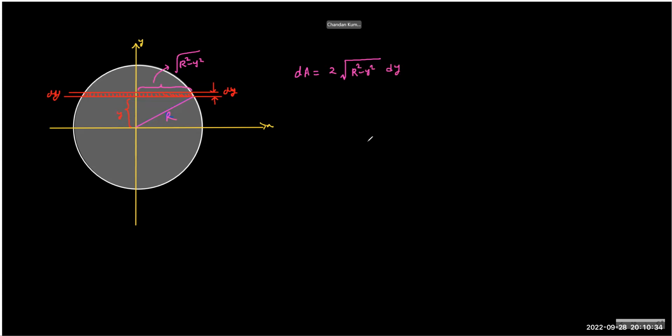And now, of course, this is slightly difficult to solve because you need to know the integration. So how to find the area from this formula? So we have to use the method of substitution, and this is particularly based on trigonometric substitution.